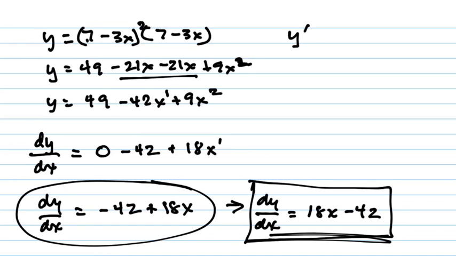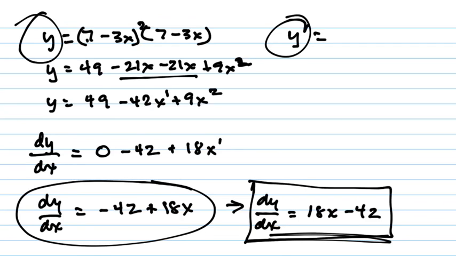I would write y prime. The function was defined in y. I took the derivative, so that's y prime to me. The prime goes before the x because you're taking the derivative of the function, not the x.